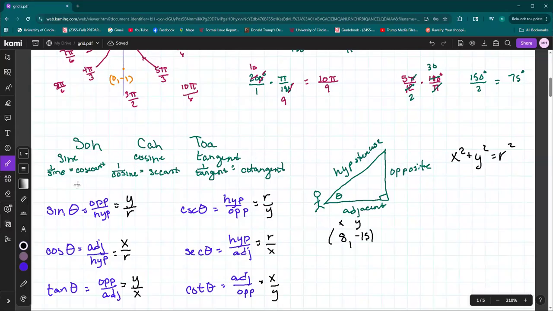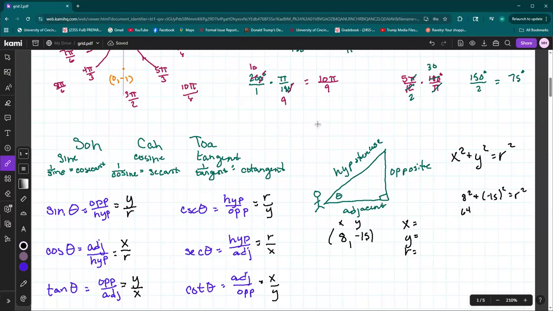So what I need to do to find any of this, I need to know what my x equals, what my y equals, what my r equals. If they don't give me my r, I need to find it. So to find my r, I know I have 8 squared plus (-15) squared. I always use parentheses, especially with negative numbers, equals r squared.